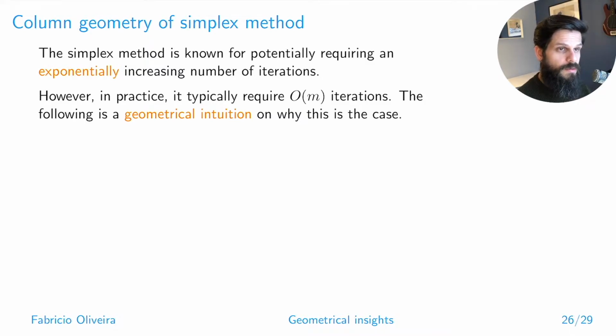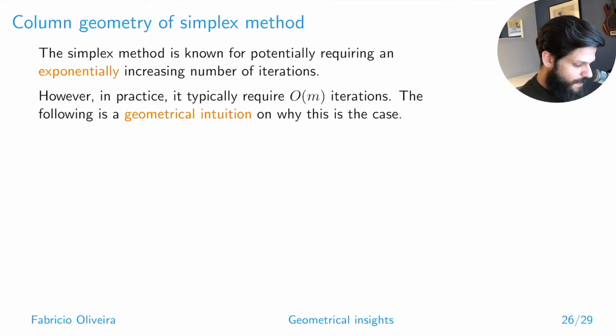Remember, that number represented the combinations of m and n that show you how many possible vertices you have, and that number grows much faster than the growing number of variables and constraints.